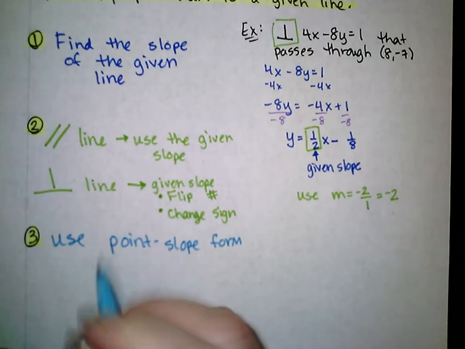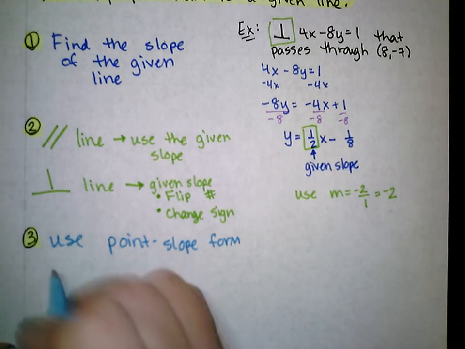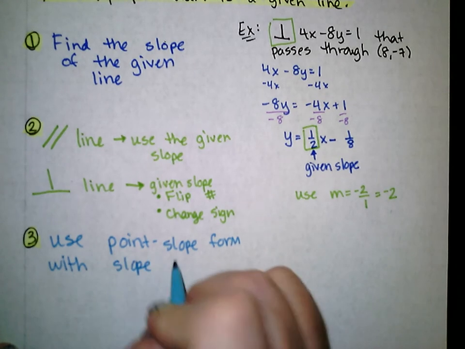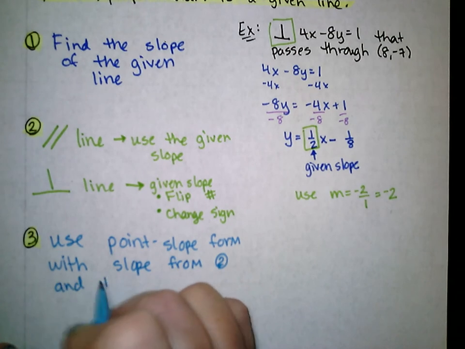And I'm using the point they give me and the slope I just found. So use point slope form with the slope from step 2 and the given point.